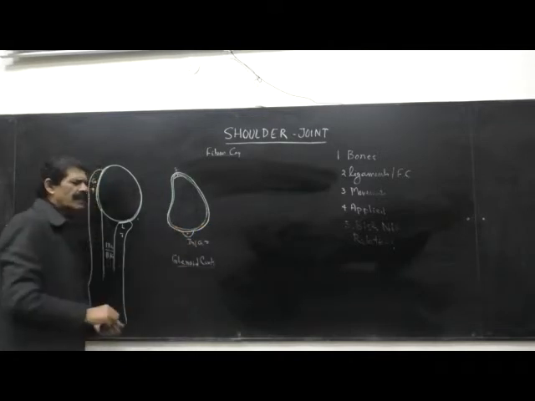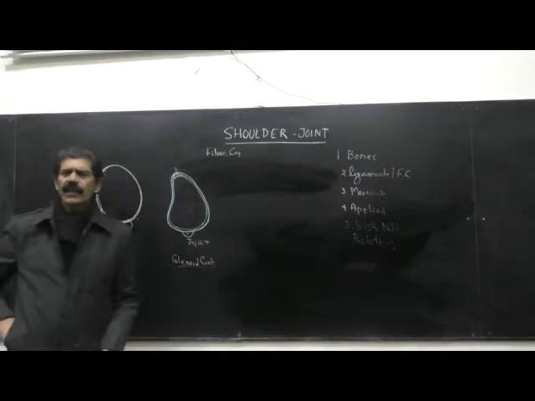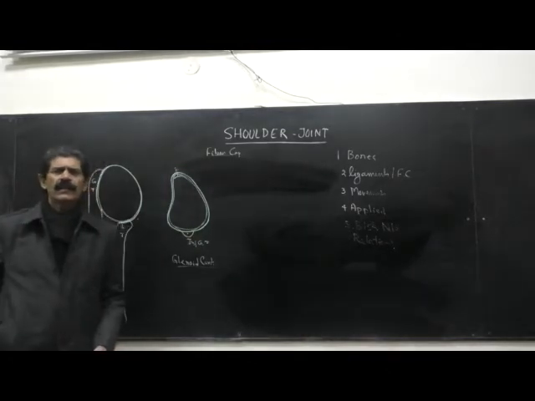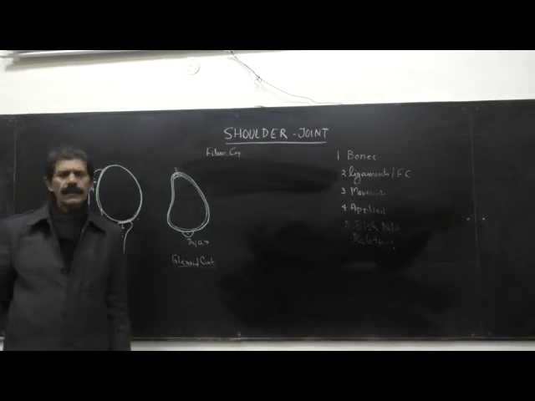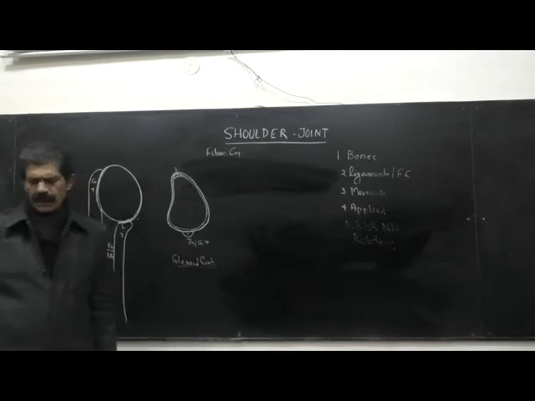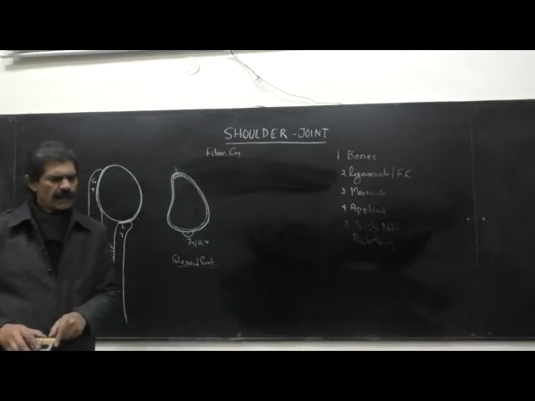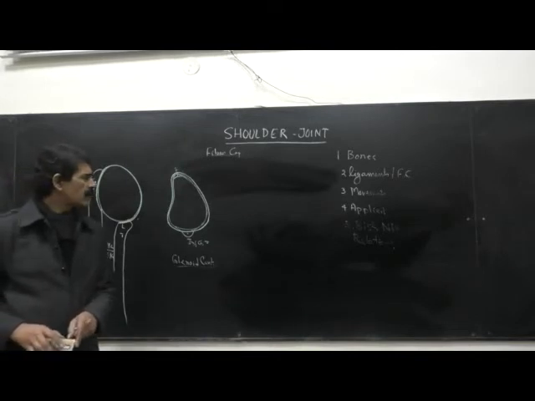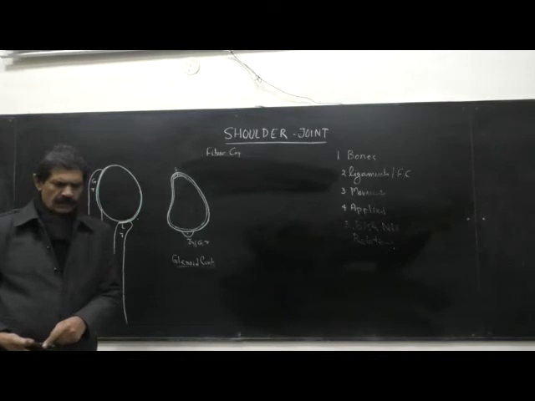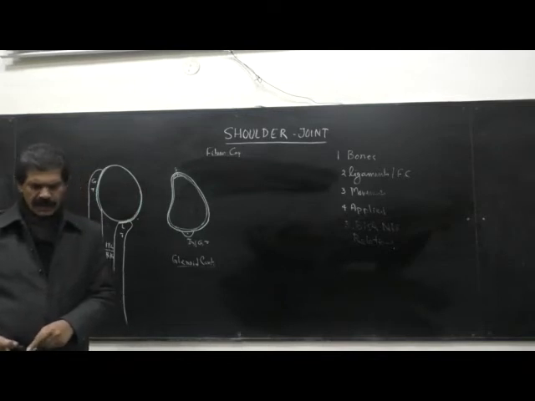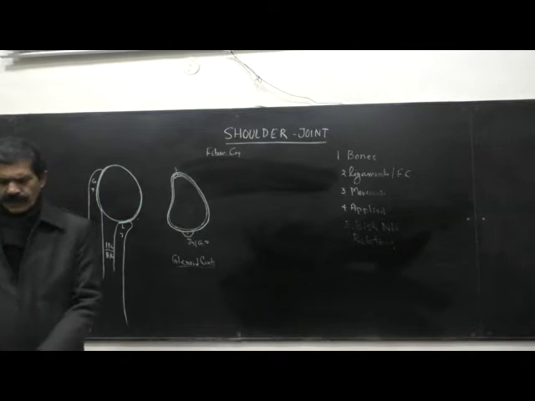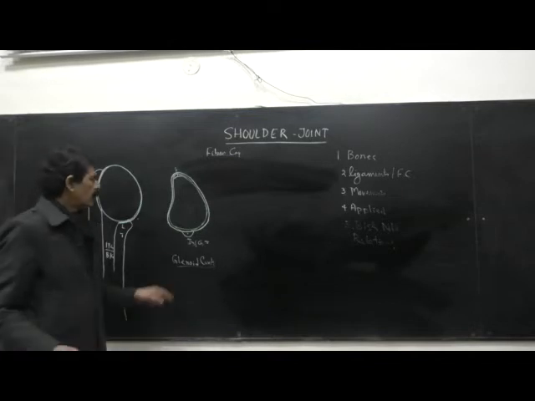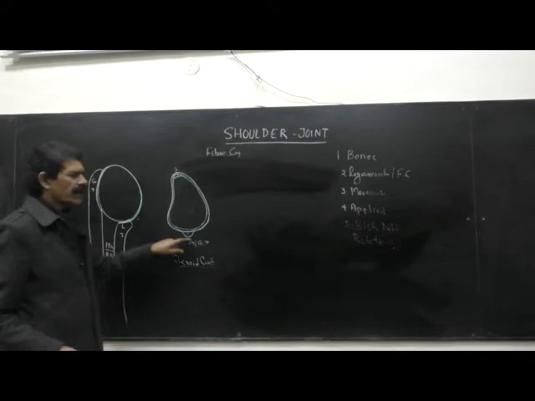That is what is called the circumferential attachment of the fibrous capsule, both on the humerus side as well as on the glenoid side of the scapula.